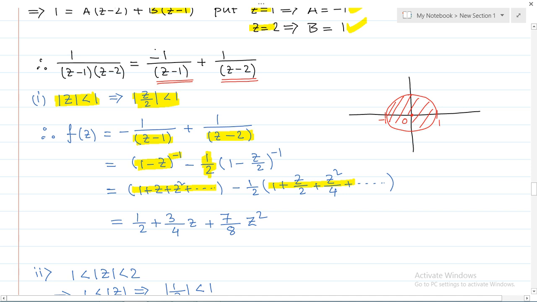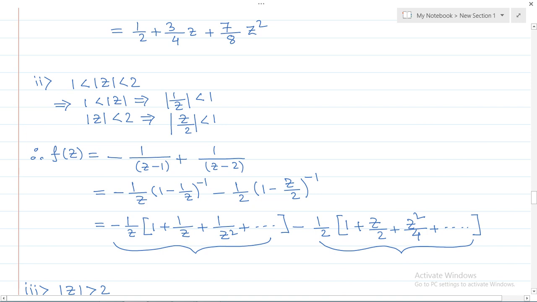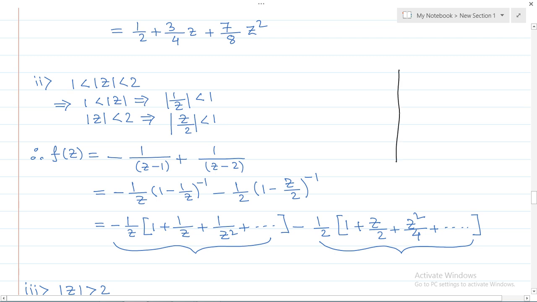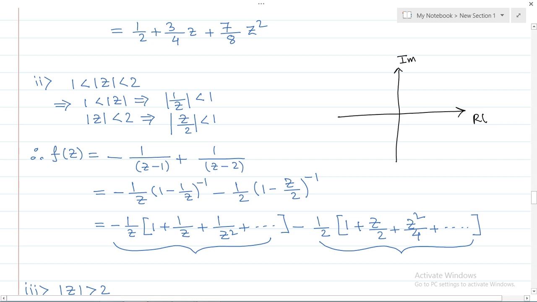We are having this. Now let us come to the second scenario, that is 1 less than modulus of z less than 2. For this one also let us draw the region. This is our real axis, this is our imaginary axis, but here what is the structure they are saying? Modulus of z is greater than 1. Okay, very good. So this is our modulus of z equal to 1.